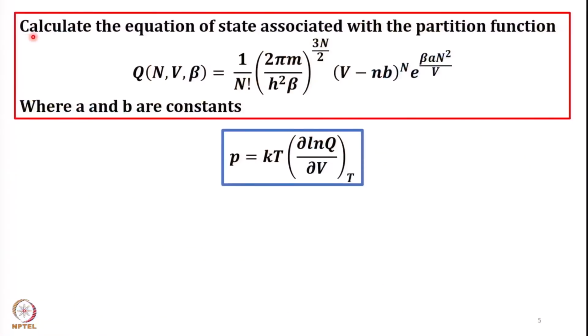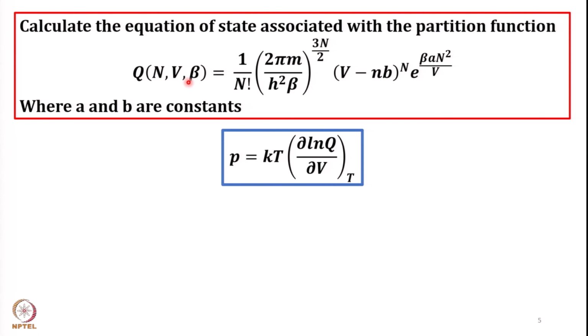The problem here which is being discussed says calculate the equation of state associated with the partition function Q, which is given by 1 by N factorial, 2 pi m over beta h square raised to the power 3N by 2, into V minus Nb raised to the power N, into e raised to beta a N square by V. This N, V, beta, these are the constraints, beta is 1 by kT.